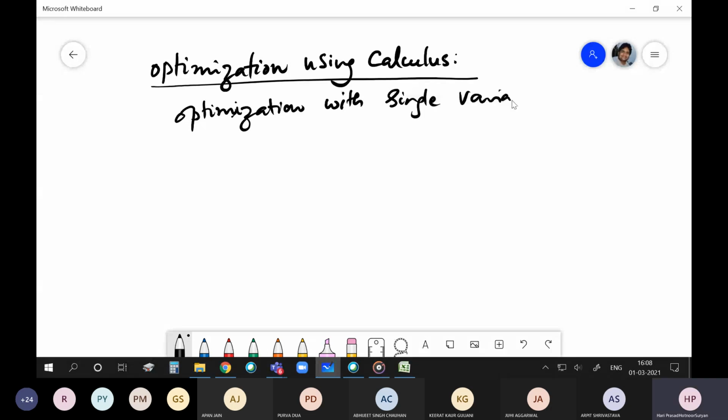That means I minimize or maximize f of x, where x is a single variable. It is not a vector, it's a scalar. So the function f of x is a function of only one variable. So how do we do the optimization using calculus?